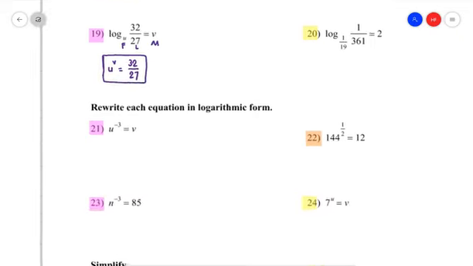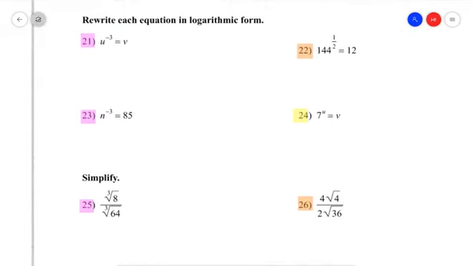Then 18 will be on video 2. In the next section, we are rewriting in logarithmic form, which we still use first, last, and middle to convert back and forth. And so on number 21, our base is still first, last, and middle.